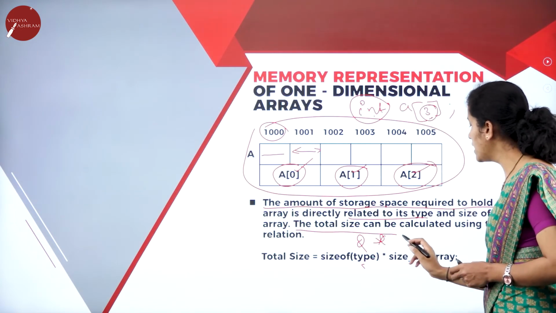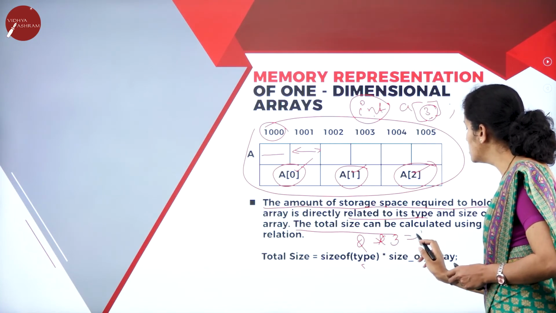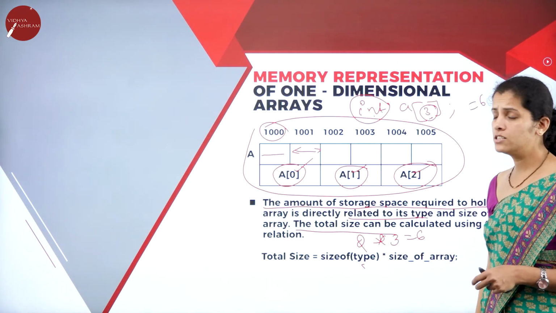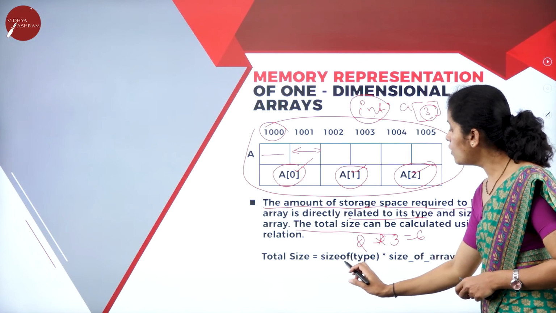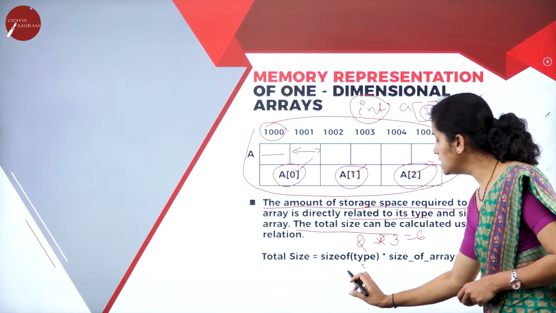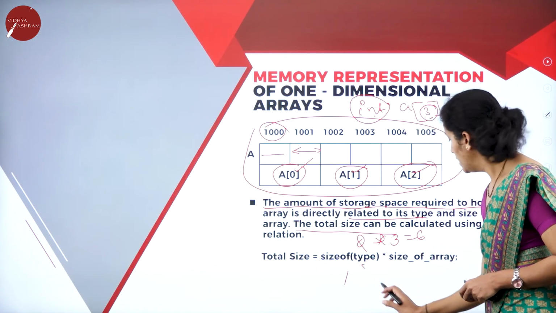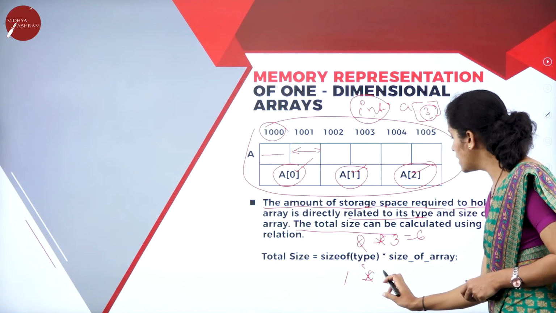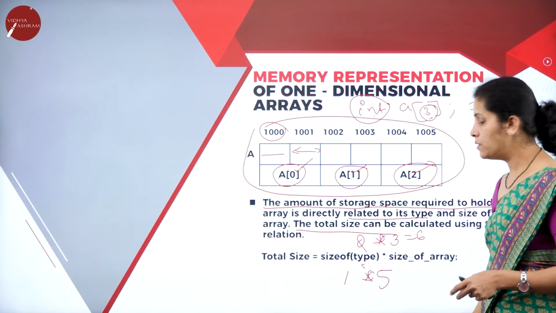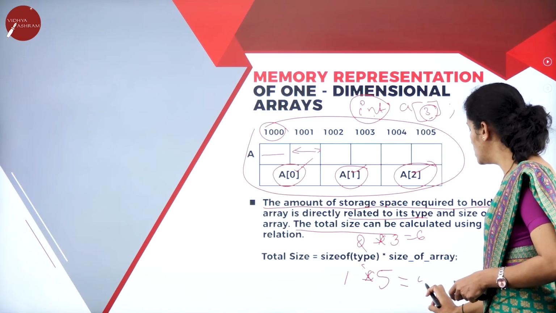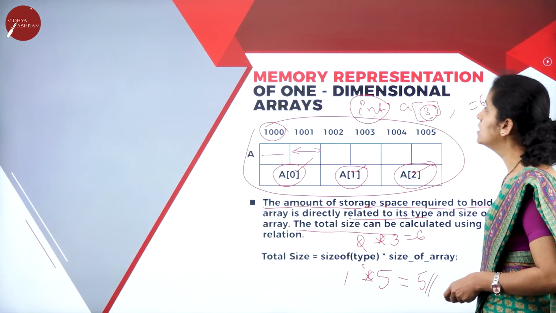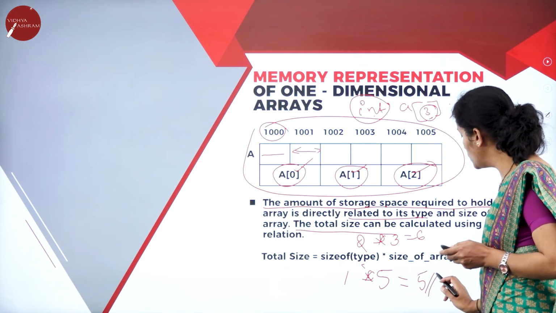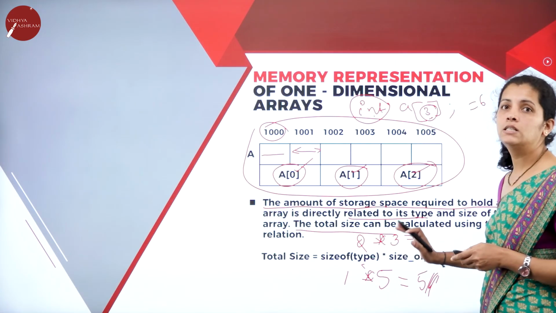The size of the array is 3, it is 6. For example, the size of data type character is 1 into the size of, suppose it is 5, then total size is 5. This is the way I can able to calculate my total size.